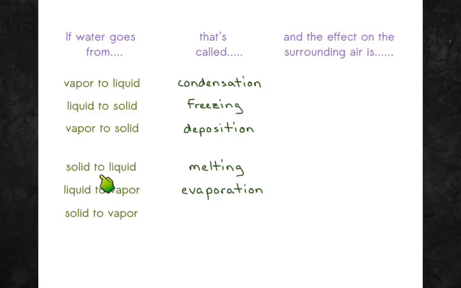Instead of going solid to liquid and then liquid to vapor, you can actually have solid going directly to vapor. Again, this can happen when you have ice crystals surrounded by vapor. You can have some of the ice crystal going directly into the vapor phase. And that's referred to as sublimation.